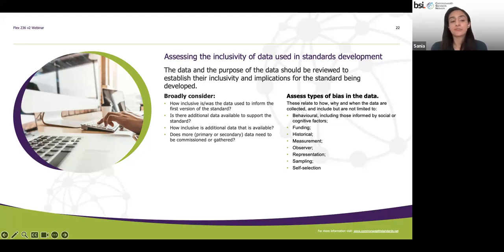Is it for a certain agenda? Will that then have inherent biases in the way the data was collected, what data was collected? Historical information: how old is that data? Is it still relevant? Do we need to update it? How was it measured? What was measured? All of this very much impacts validity and the quality of data.